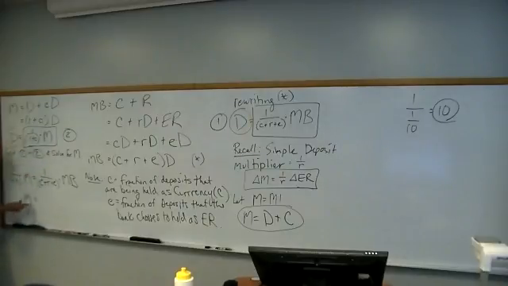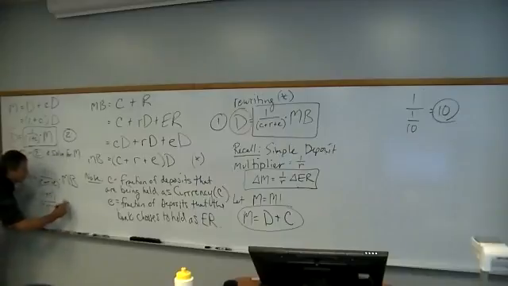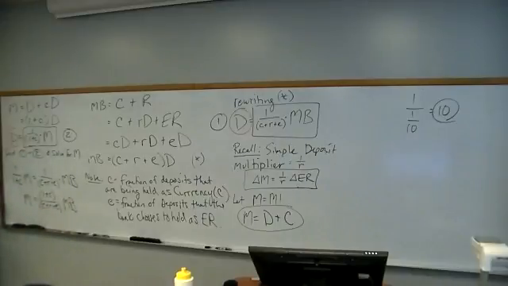And now we've got the quantity of money as a fraction of 1 plus C over C plus R plus E times the monetary base. This is the equation that the Federal Reserve really uses when they do monetary policy. This is called the money multiplier.